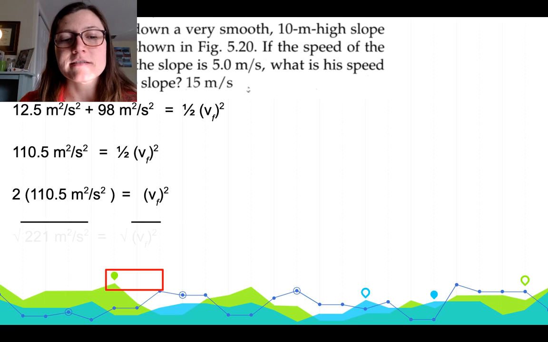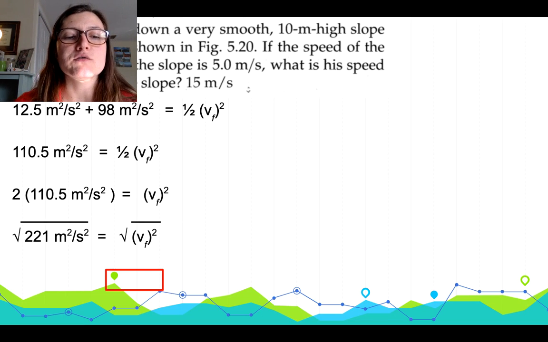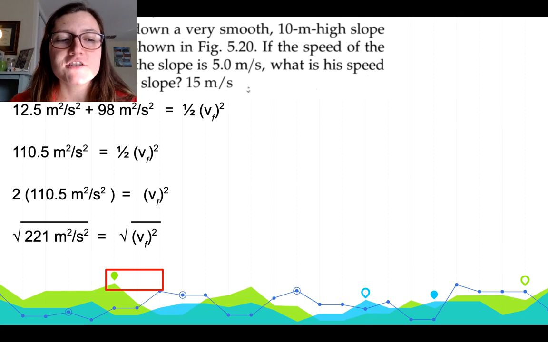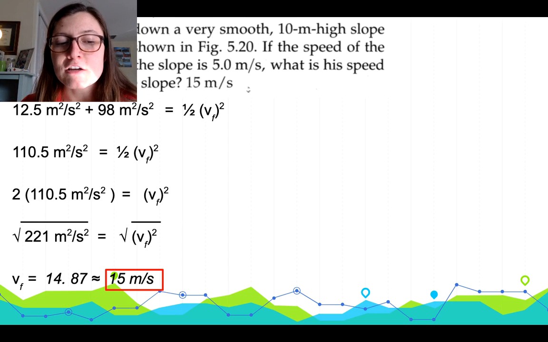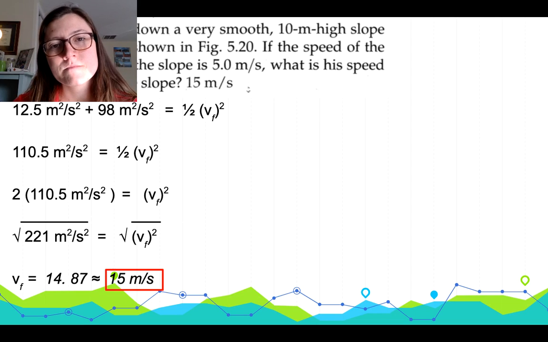On the left-hand side, we get 221 meters squared per second squared. To get v final by itself, we must take the square root of both sides of the equation, and we will get 14.87, which rounds to 15 meters per second. So that's the final velocity of the skier when they reach the bottom of the slope.